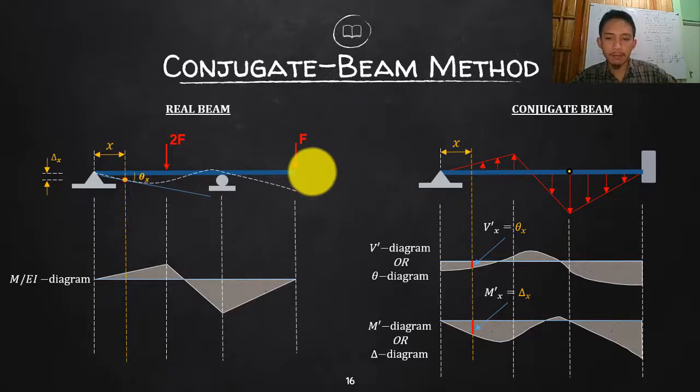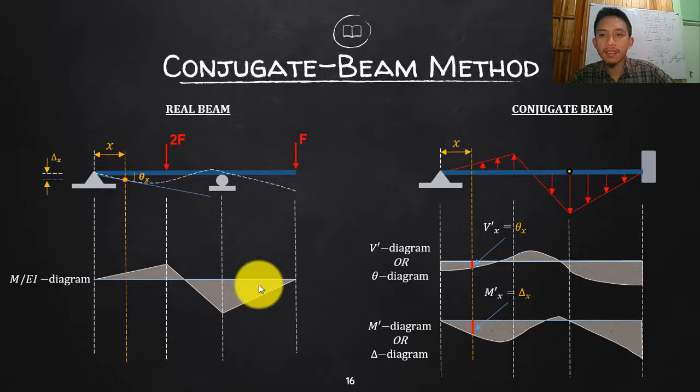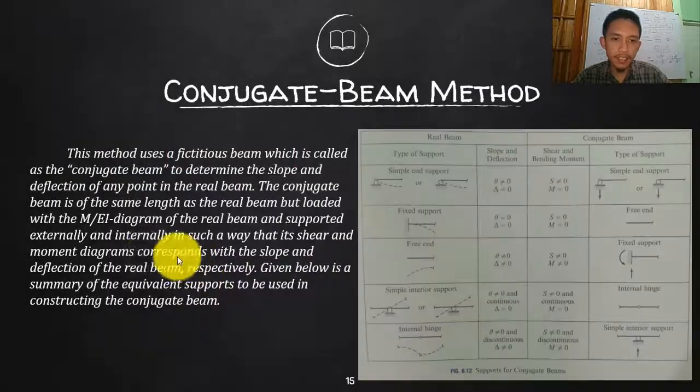Okay, so how is that? The same, we will be using your M/EI diagram. So draw your shear and moment, and then divide that one for you to have your M/EI diagram. However, we need to construct now your fictitious beam, which is what we call the conjugate. It says there that in your conjugate beam, we will try to load your M/EI diagram. Okay, that is now the load of your fictitious beam.